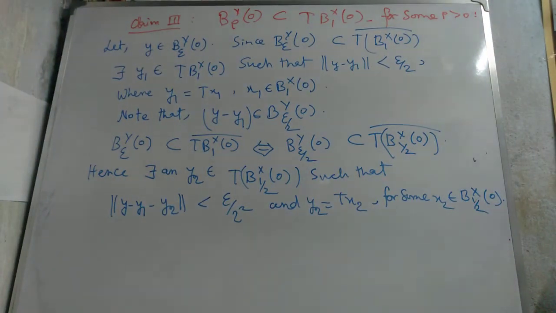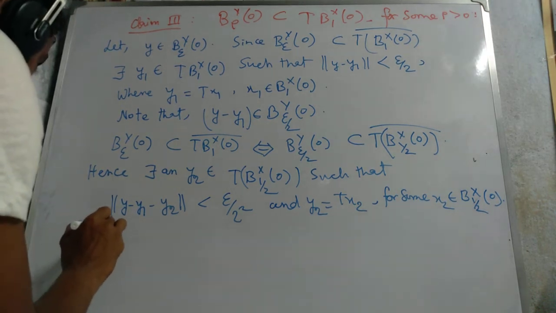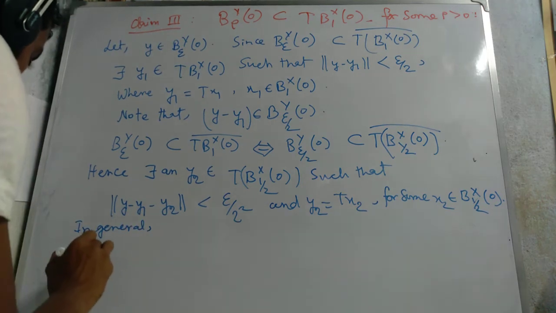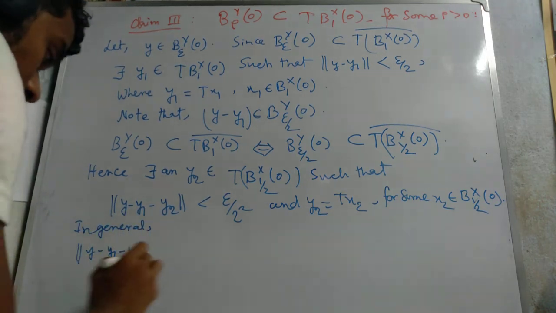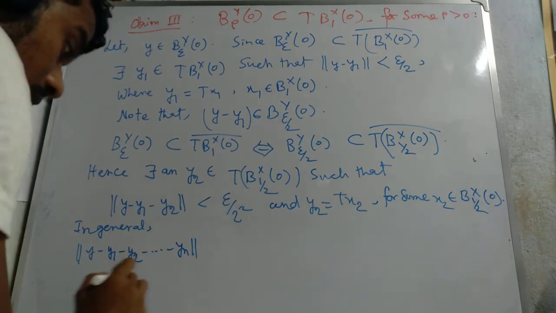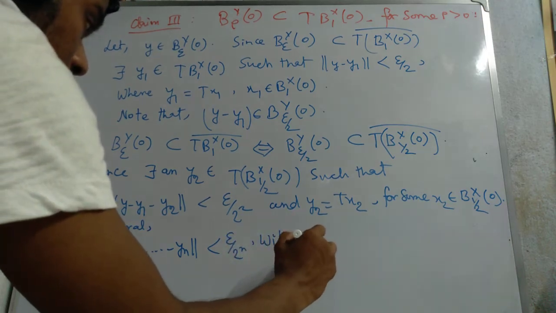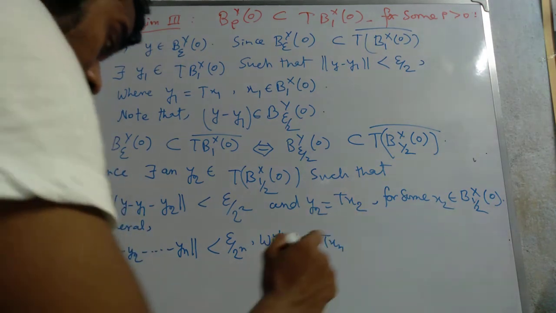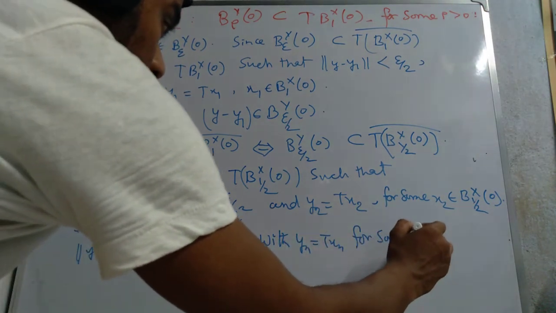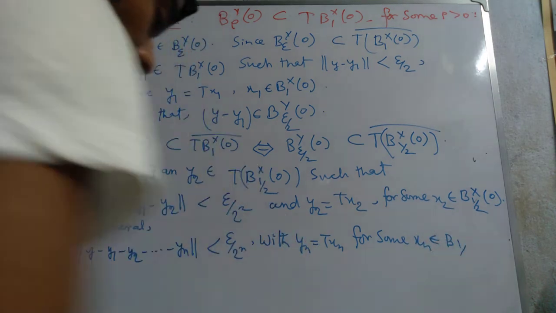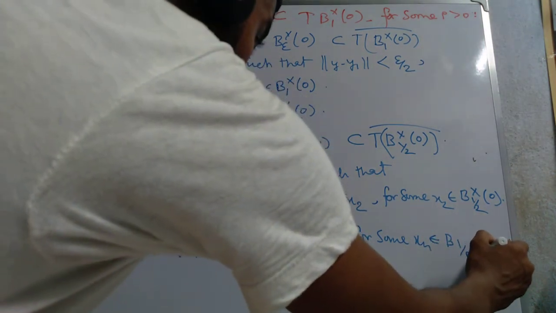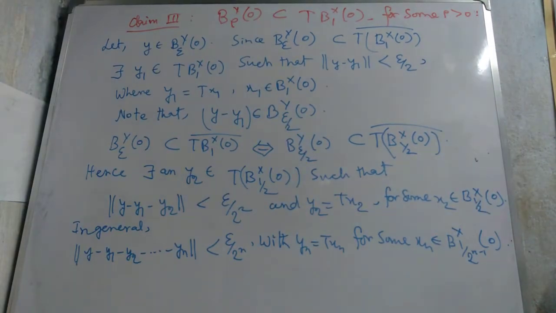Okay, then in general, norm of y − y1 − y2 − ... − yn is less than epsilon/2^n, with yn equal to T(xn) for some xn belonging to B_1/2^(n−1)(x0).